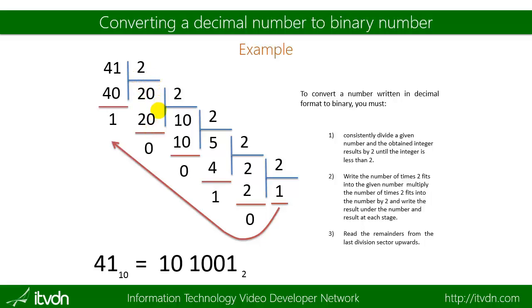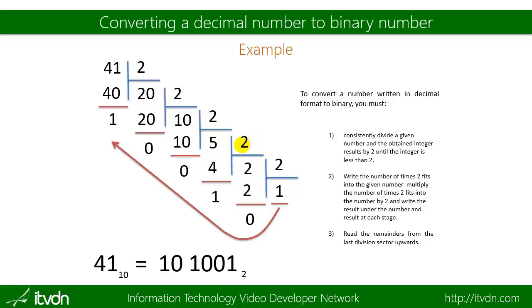So 20 minus 20 is 0. I write 0 and I move on. How many times can 2 fit in 10? 5 times. I write 5. Then I multiply 5 by 2 and I get 10. 10 minus 10 is 0. I write my remainder here.